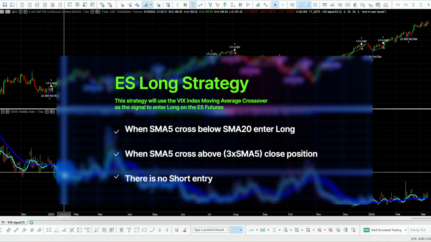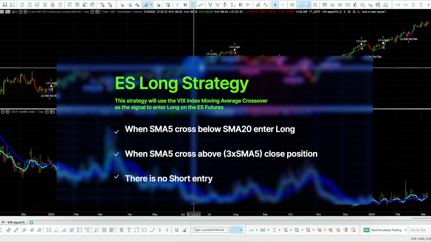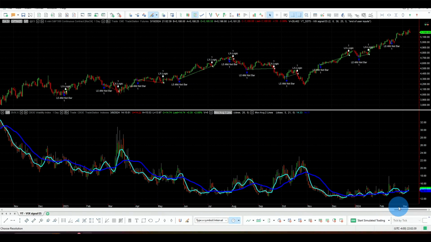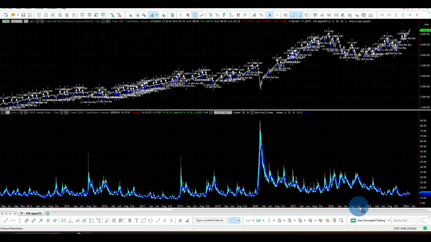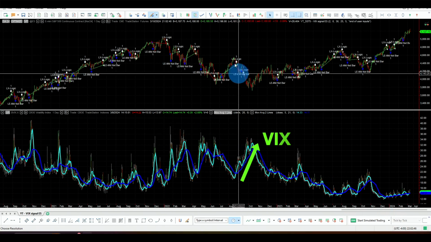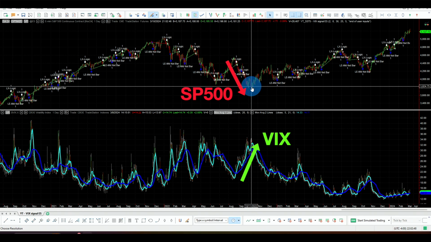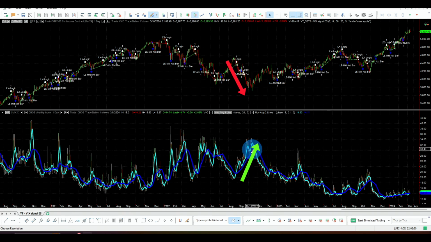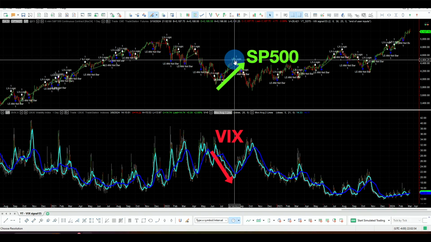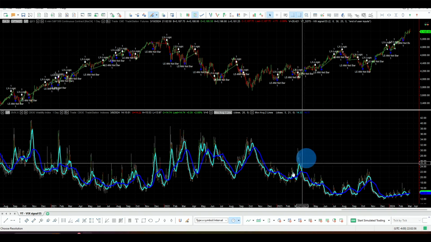And I need to do this on the opposite side, because remember, the ES is negatively correlated to the VIX. And in fact, we can see this very clearly. If I zoom out, you can see whenever the VIX peaks, the S&P 500 bottoms. And whenever the VIX bottoms, the S&P 500 peaks. So it's clearly the opposite signal.